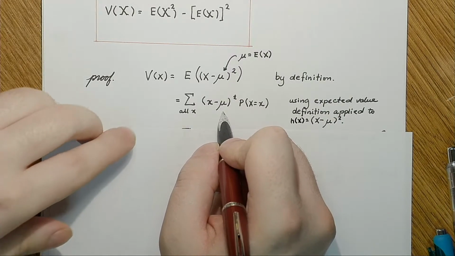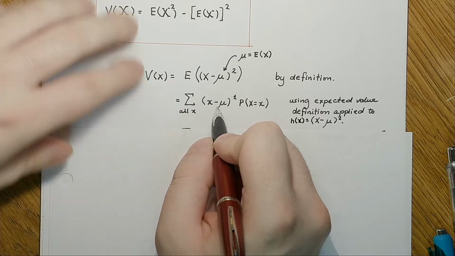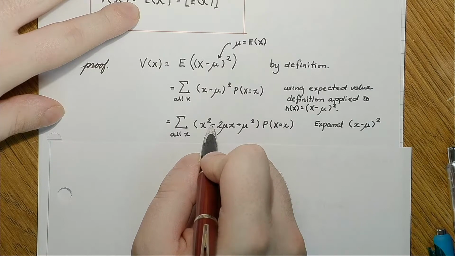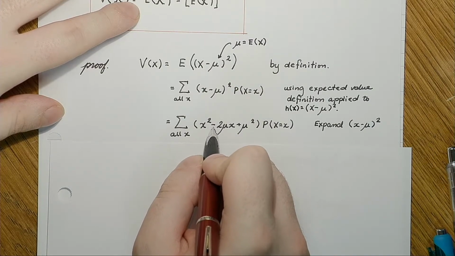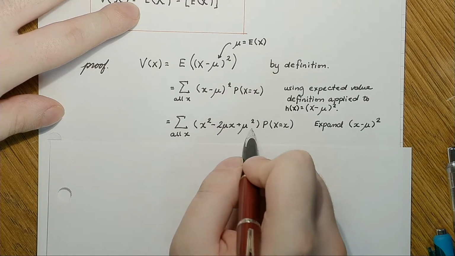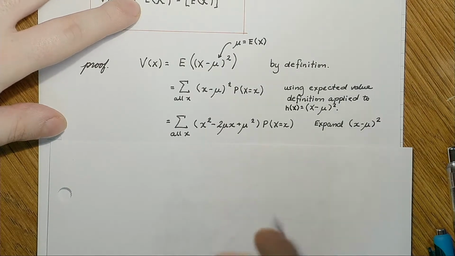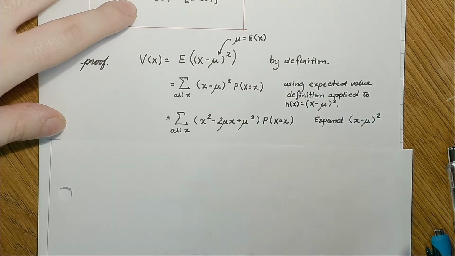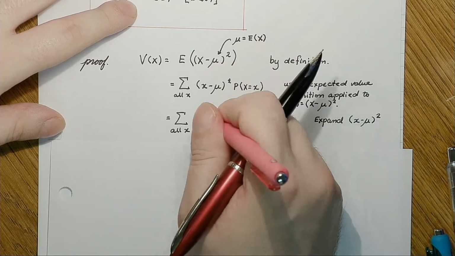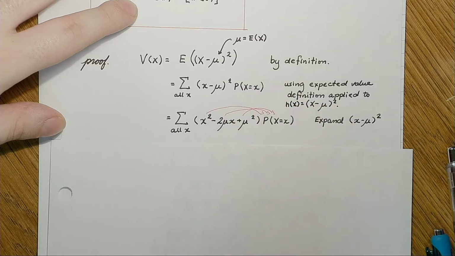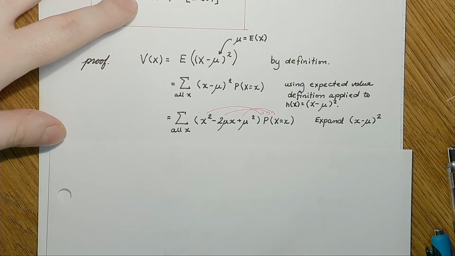Then the next thing we can do is expand this binomial. Expanding it, we get x squared minus 2 mu x plus mu squared, all multiplied by the probability. Then we distribute, or you can think of it as expanding it.